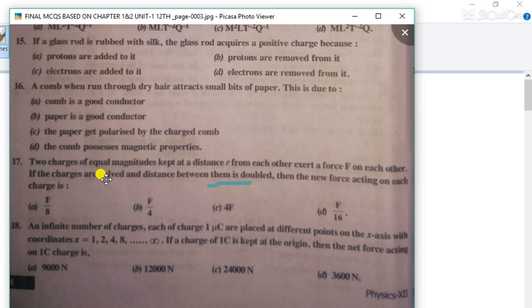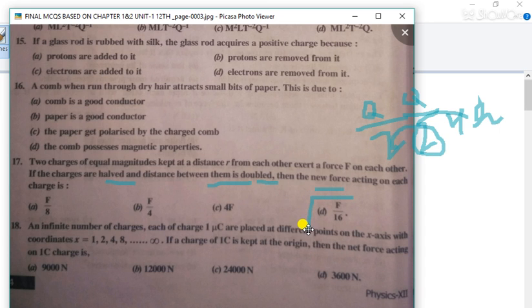So the charges are halved, that means they are q by 2, and the distance is doubled. Distance square is there, so here we have 4r square. That means the force is decreased by 1 by 16. So the new force will be F by 16.